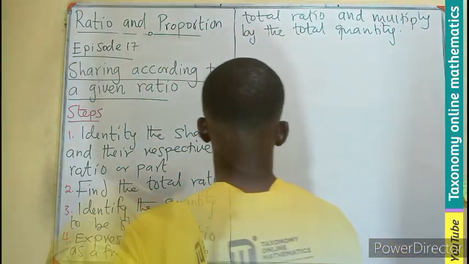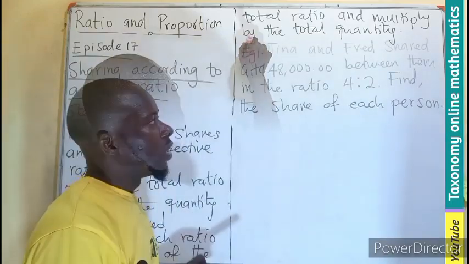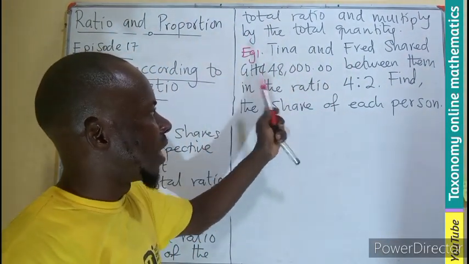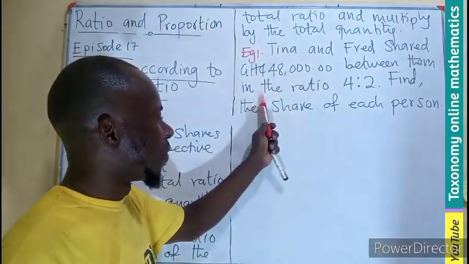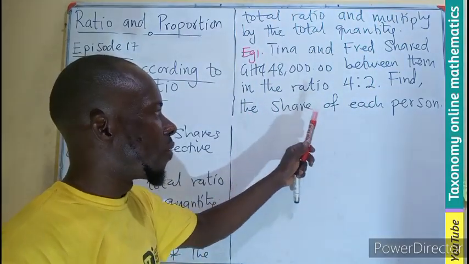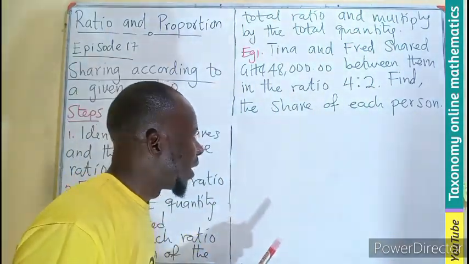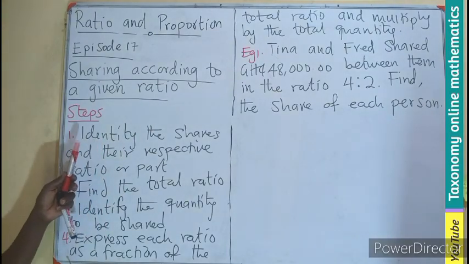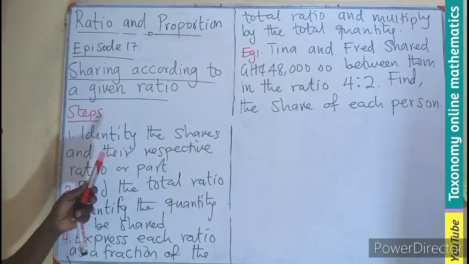Let's take another example. Tina and Fred share 48,000 Ghana cedis between them in the ratio 4:2. Find the share of each person. So in this case, let's identify the shares that are going to be given.